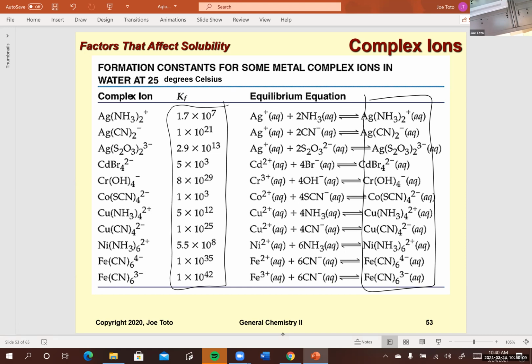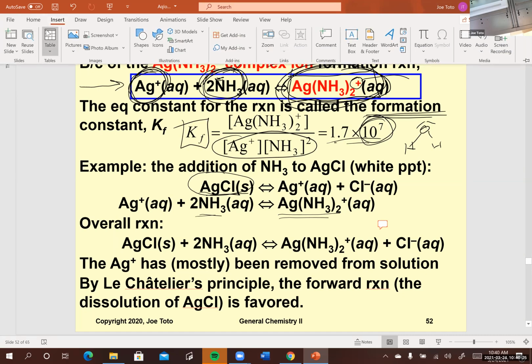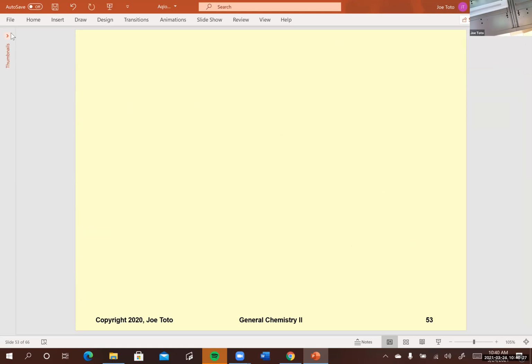But very quickly, I want to introduce a possible problem, which is what is the new solubility in the presence of ammonia, which I alluded to back here, but I didn't give an example.